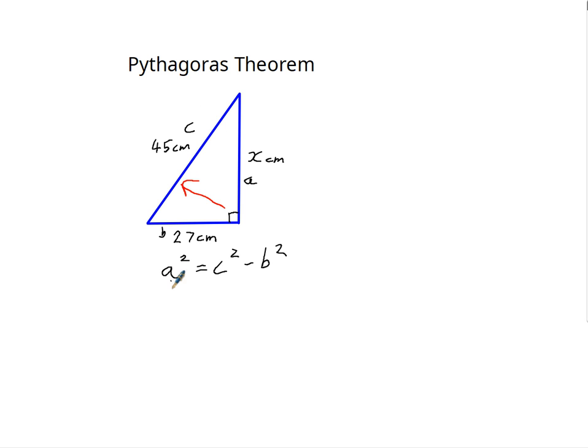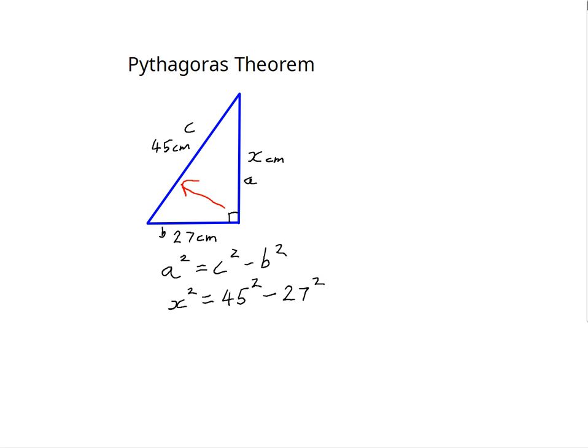So the bit I'm trying to find is X. So substitute into that. I know the longest side is the 45, so that goes next. And then the other short side is here.